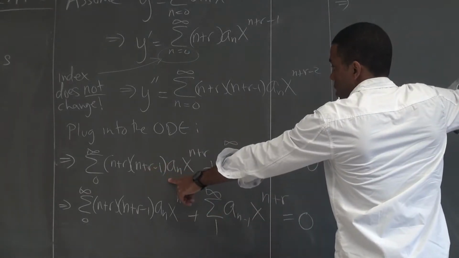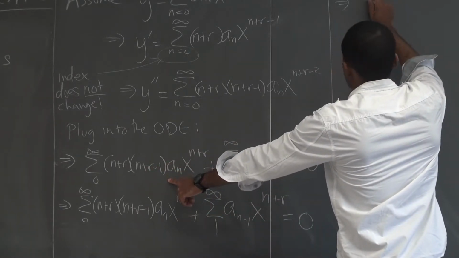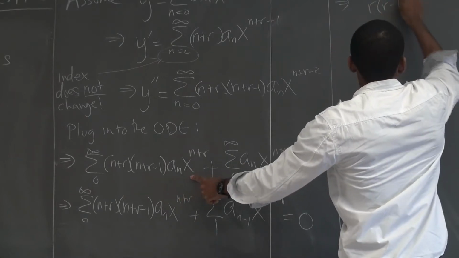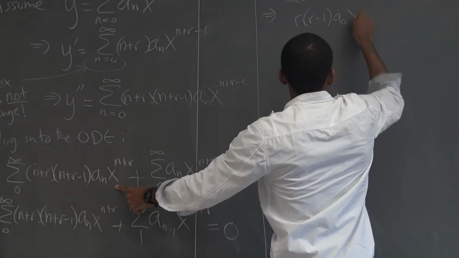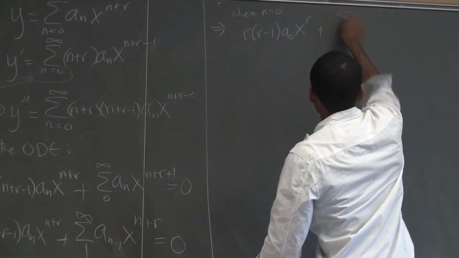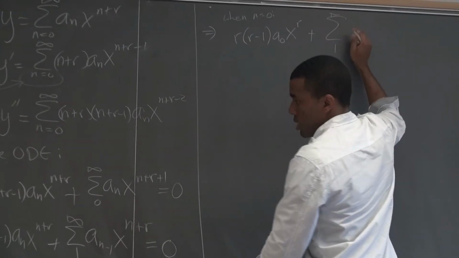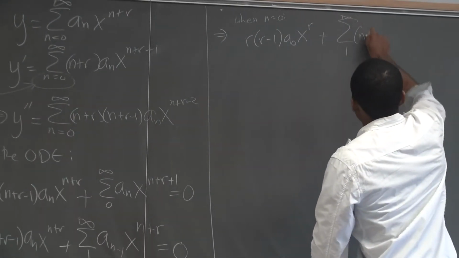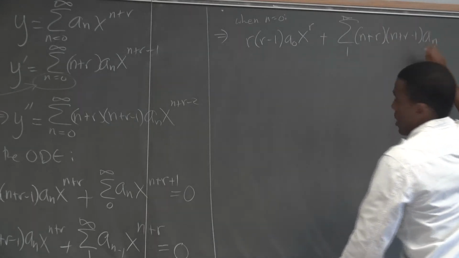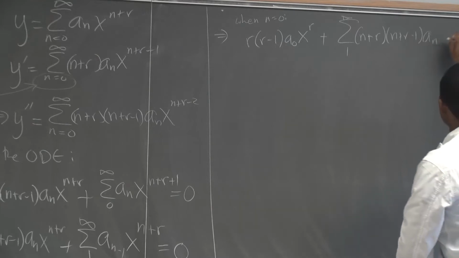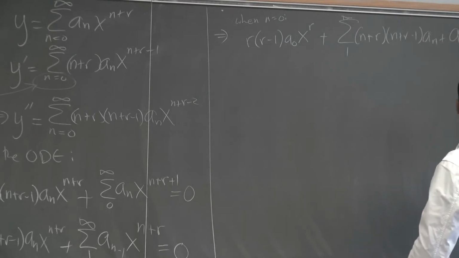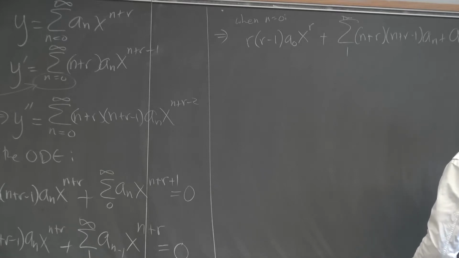Plug in n equals 0 here: r times r minus 1, a_0, x to the r, plus the big series starting from 1 to infinity of the quantity n plus r times n plus r minus 1, a_n plus a_(n minus 1), x to the n plus r.